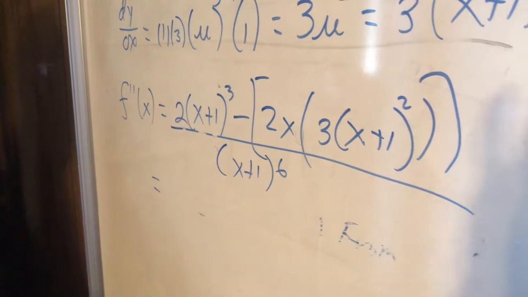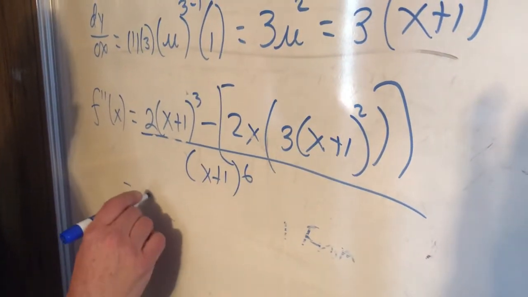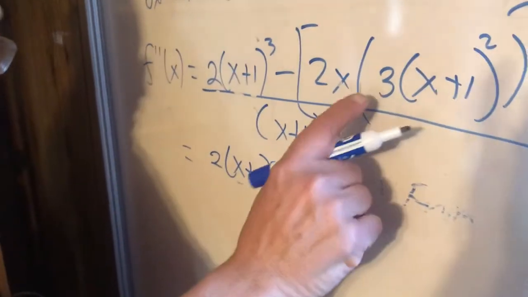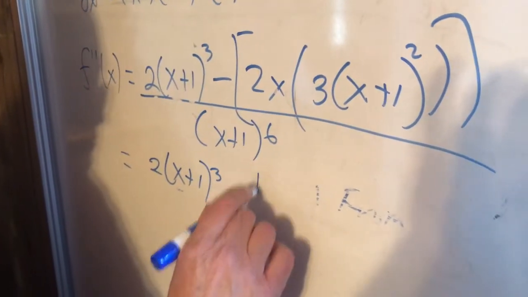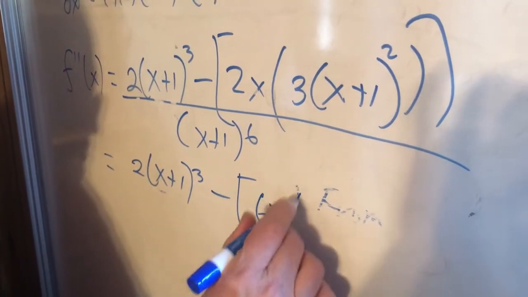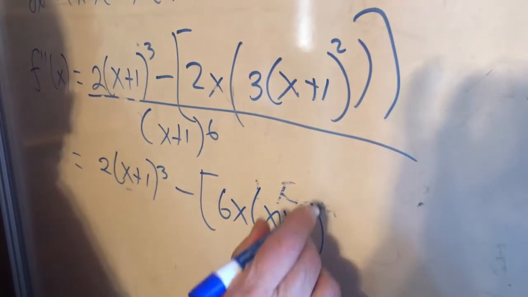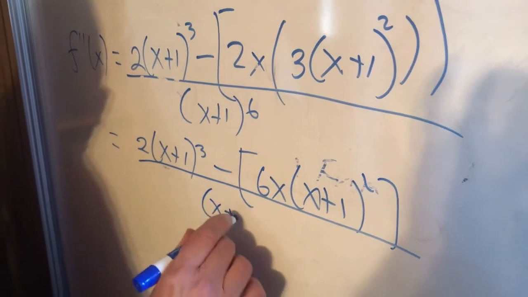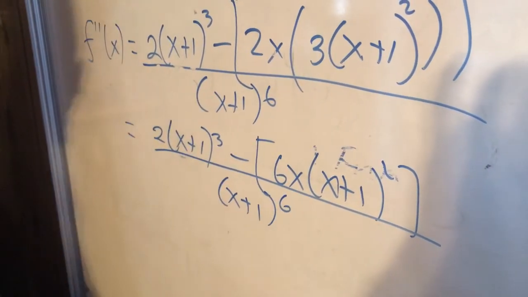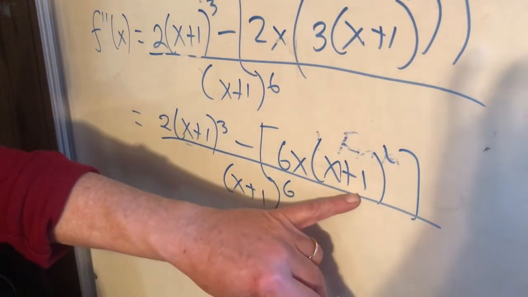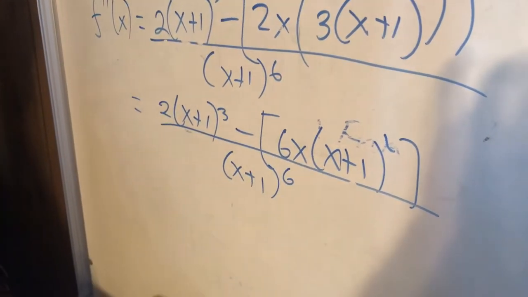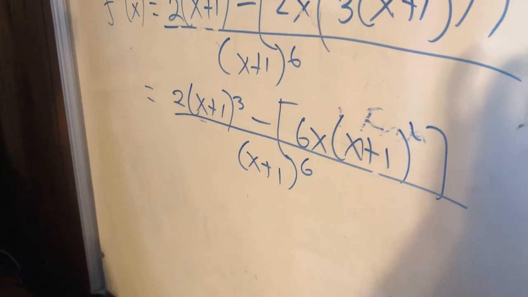What I can do is multiply the 3 times the 2. That doesn't do much for me. But now notice I have an (x plus 1) squared here and an (x plus 1) to the third here. I can factor out the (x plus 1) squared.